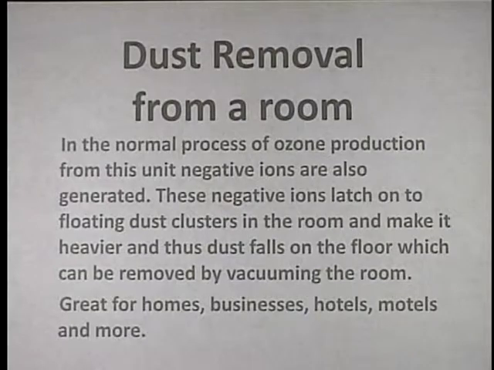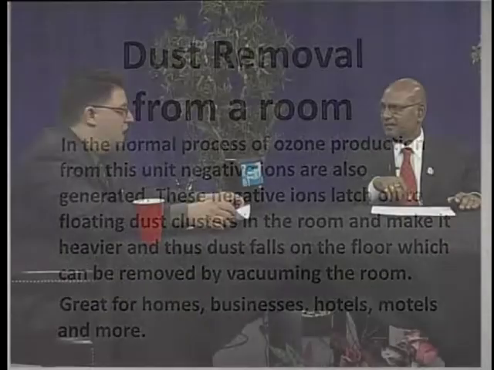They can't float no more, so they fall on the floor. So when you vacuum the room, you're removing all dust particles. Those dust particles are not going through your nose into your lungs. They are getting out. You can vacuum it, clean it up, and that's how this machine removes dust particles from the room.